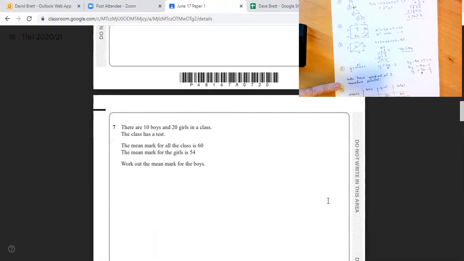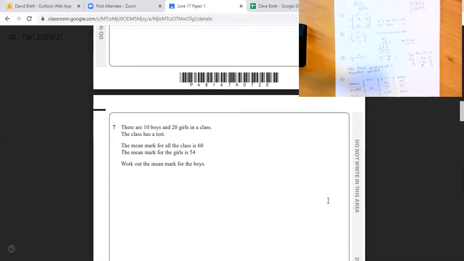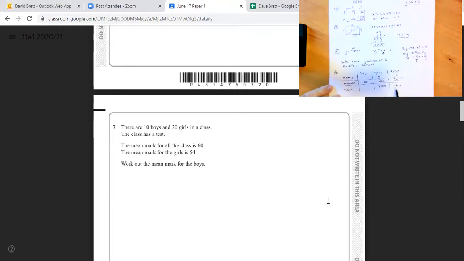The mean mark for the whole class is 60, so the total score would be 60 times 30, which is 1,800. The mean for the girls is 54, so the total score would be 1,080. That means the total score for boys would be 720. So the mean would be 720 divided by 10, which is 72.